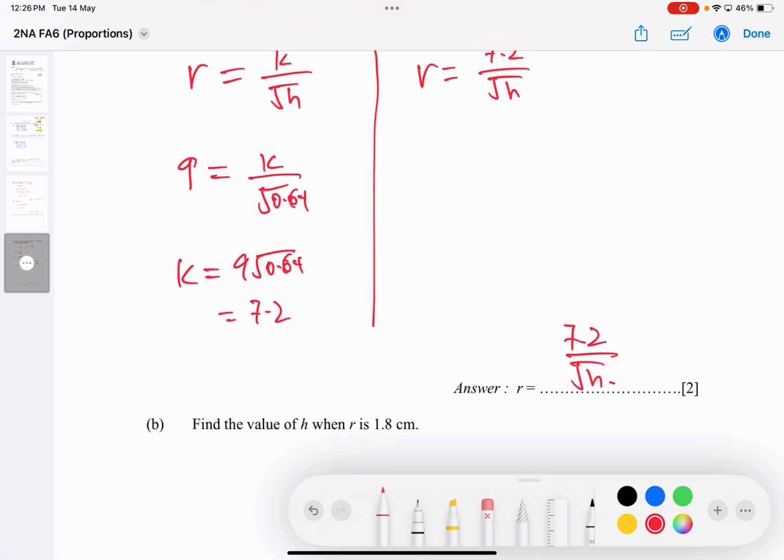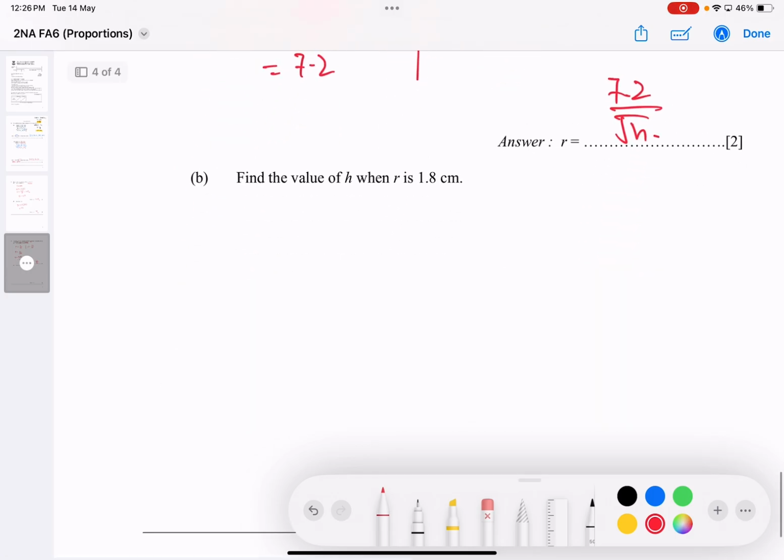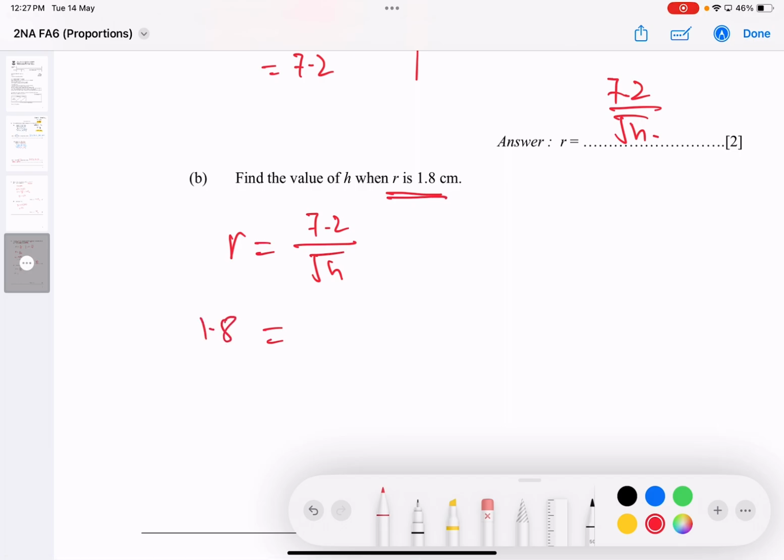The last part is simple if you have already gotten your equation. You just need to do substitution. If you know that R is 7.2 over square root h, substitute when R is 1.8. 1.8 equals 7.2 over square root h.